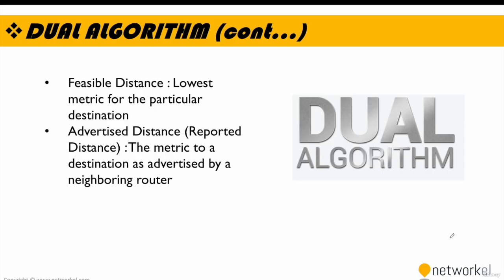The first term is feasible distance, which refers to the lowest metric for the particular destination. And we have advertised distance, which refers to the metric to a destination as advertised by a neighboring router only.